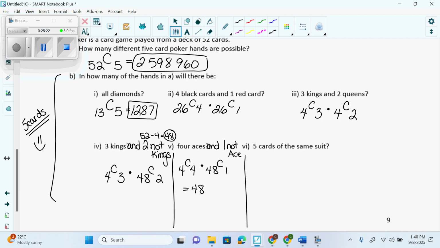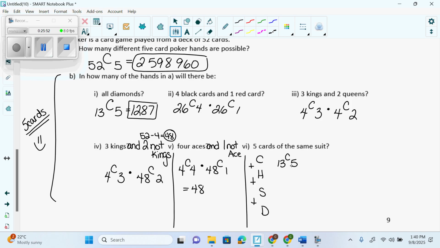5 cards of the same suit. Does it say what suit? So I just need to pick 5 from a suit, yes? So I could do clubs, I could do hearts, I could do spades, I could do diamonds, so I would have to add them. So if I want 5 clubs, I would go 13C5, correct?